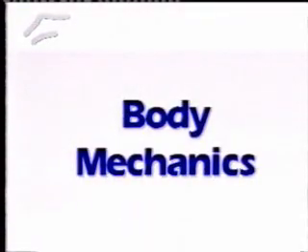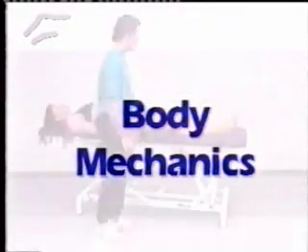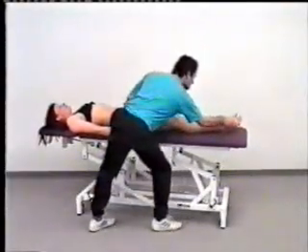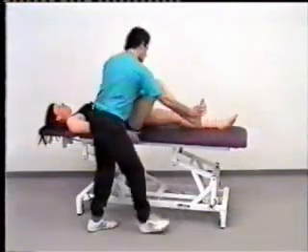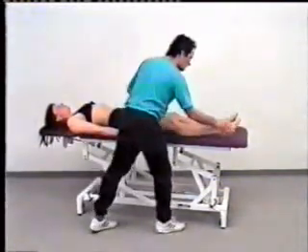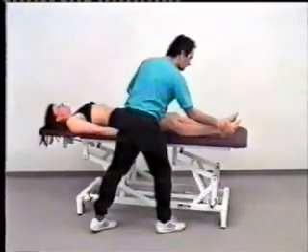Body mechanics. And toes up and bend your knee. In order to achieve optimal elongation, it is necessary to position the leg in external rotation before bringing it into the starting position.